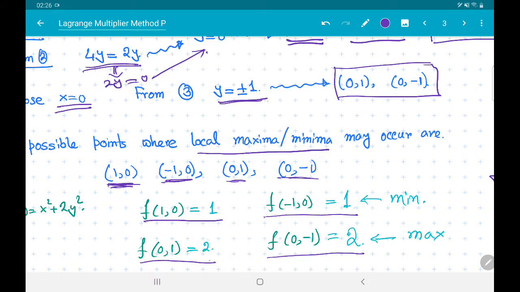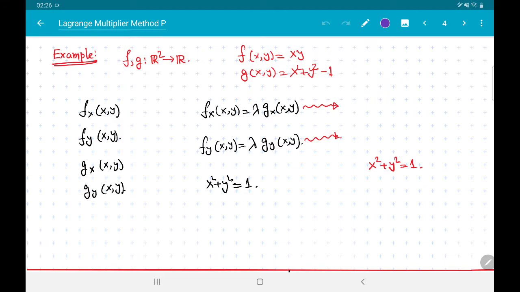Among these points, f takes the maximum value 2 at these 2 points, so these are going to be local maxima, and these 2 points where the function takes value 1 are going to be local minima.